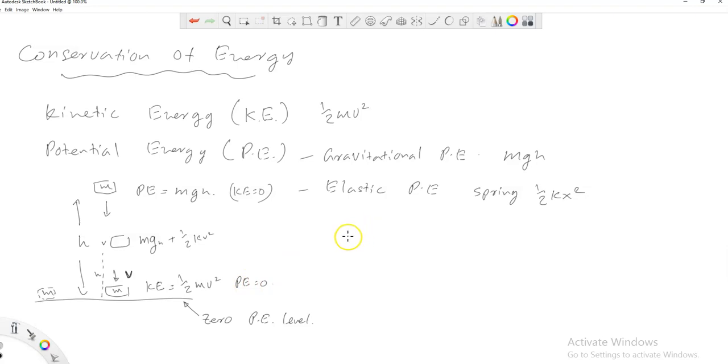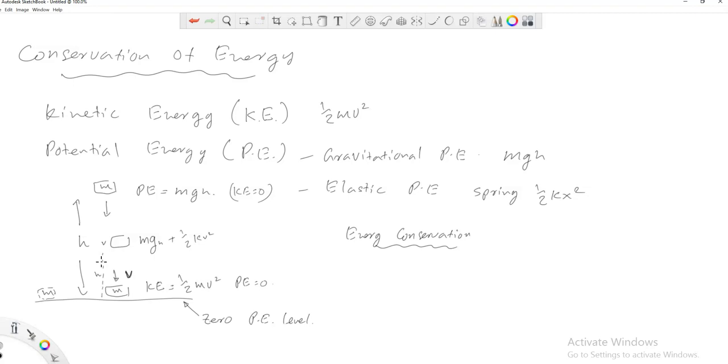Now the energy conservation says, if there are no resistive forces, like if you are not losing energy on the way down, or if you are not losing energy in the system, right, there is air friction and all sorts of resistive stuff.